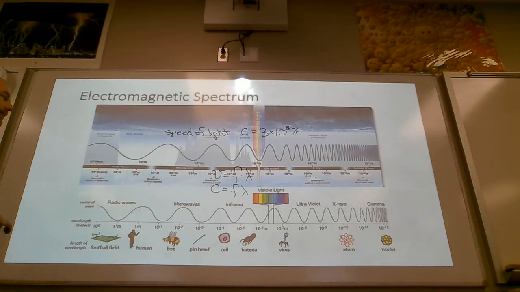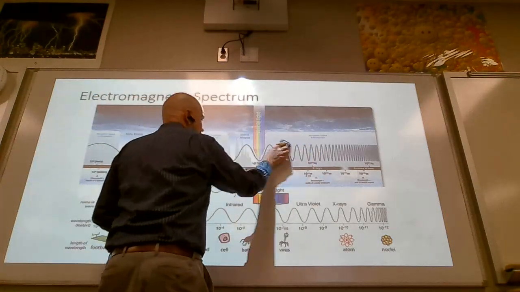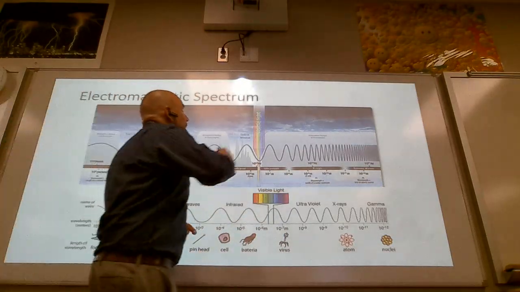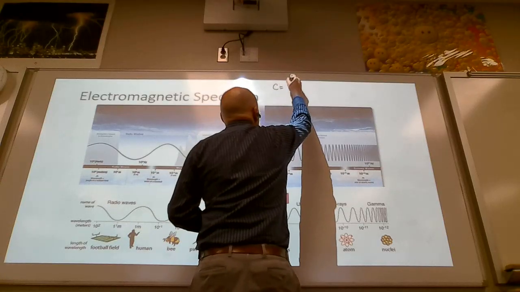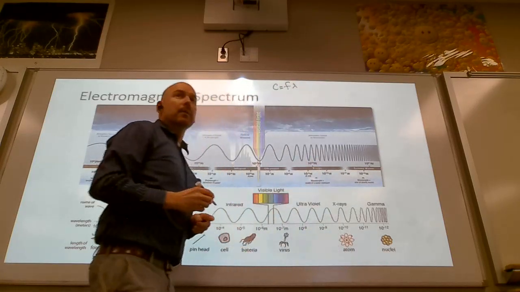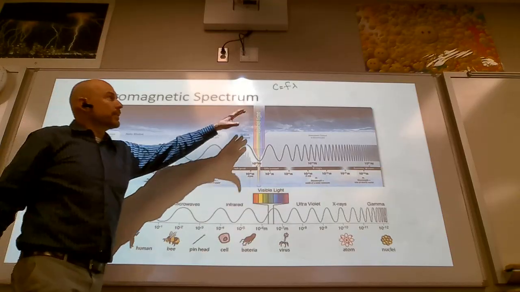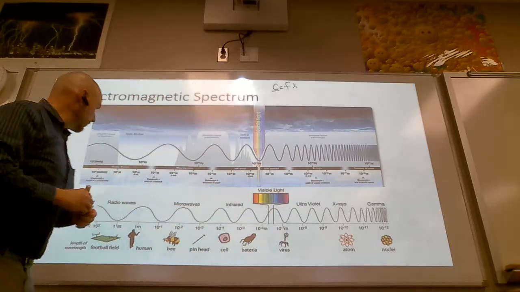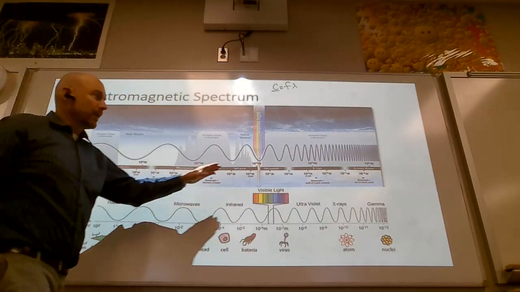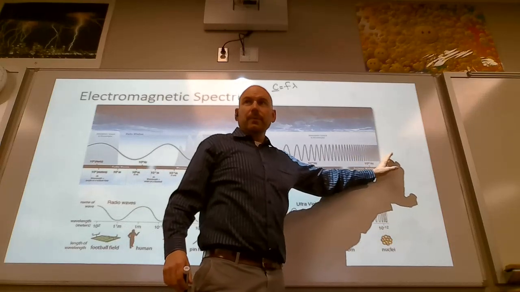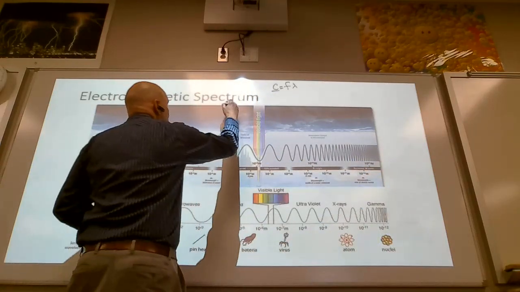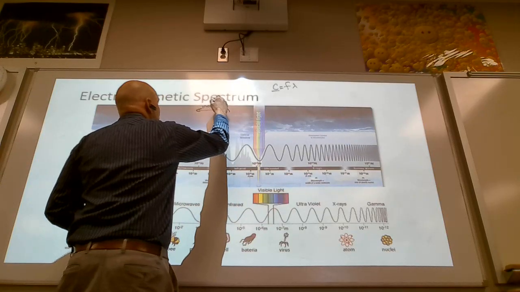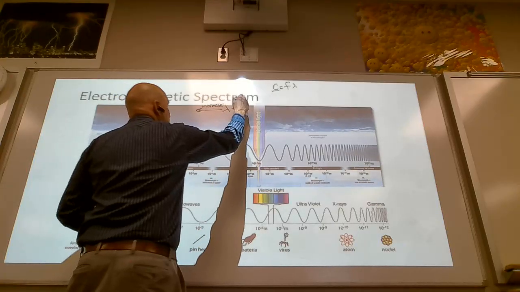This is the electromagnetic spectrum. Okay. So here, that is our relationship. They all move at the same speed, so that's fixed. Here we see wavelengths are long here and short wavelengths here. So wavelength increases as you go that way and decreases as you go this way.